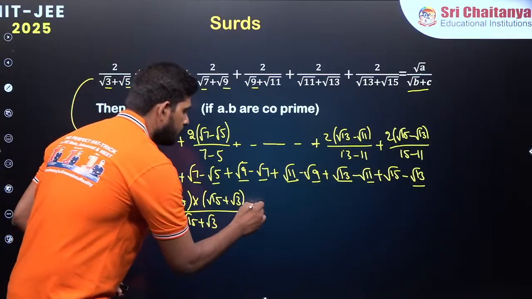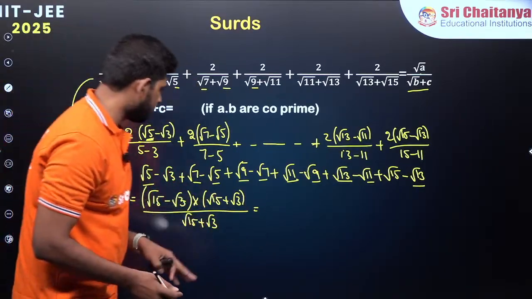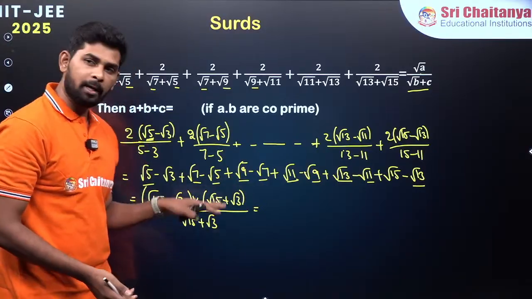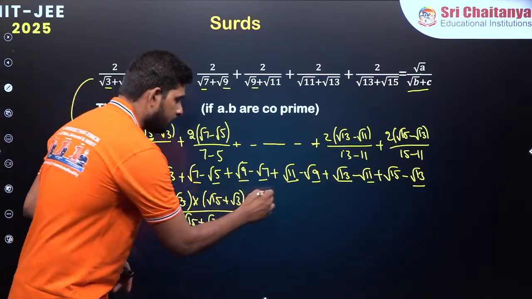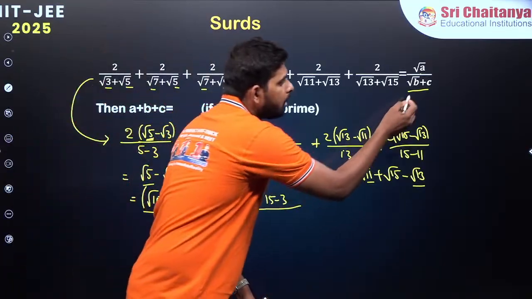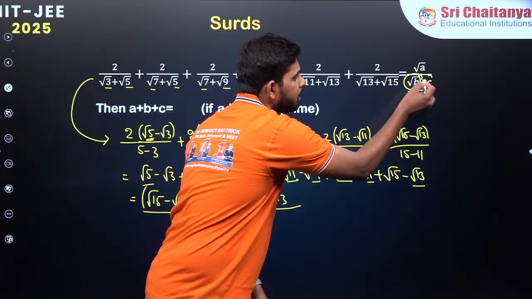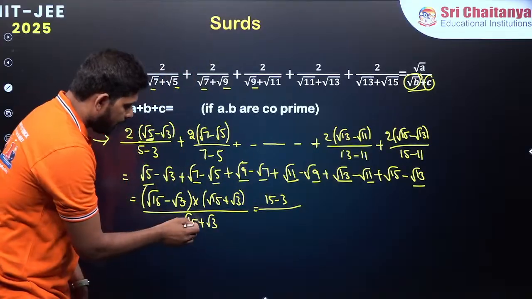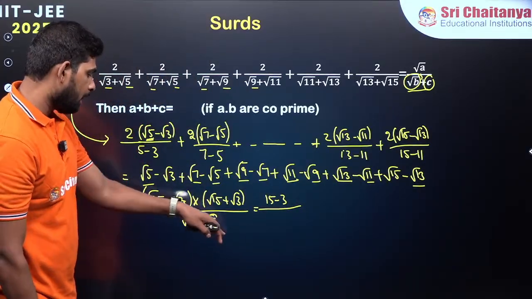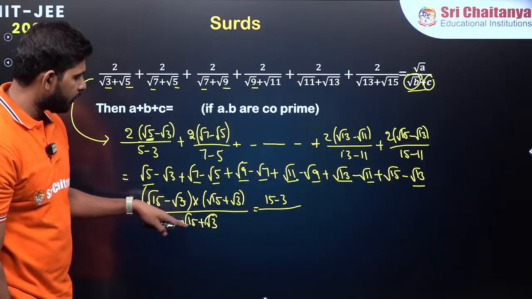So what is this multiplication here? It is (a minus b) into (a plus b). So the multiplication gives 15 minus 3 divided by, now here only one term has a square root, the other does not. That is why I am going to take 1 in one of them. To get 1 there, I am going to take a common factor.